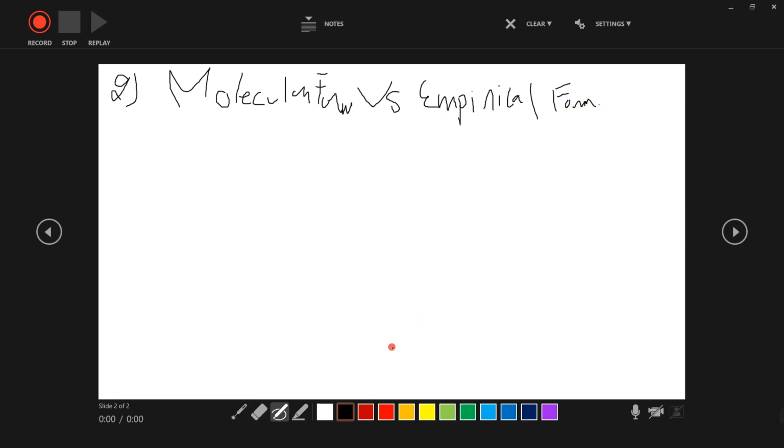Okay, the molecular formula is the real form of the formula, and represents the actual number of atoms present in the formula or in the compound.